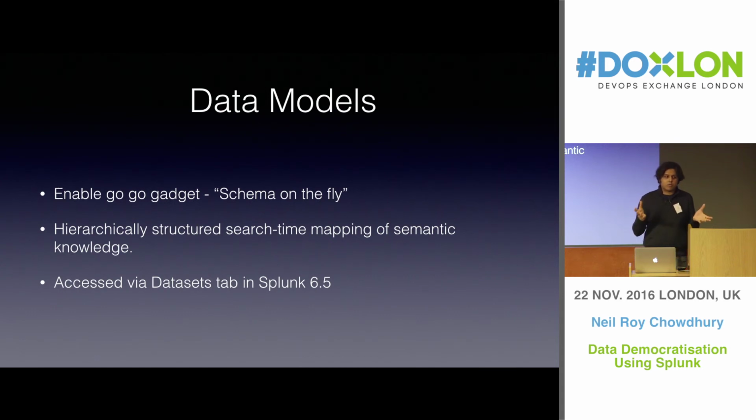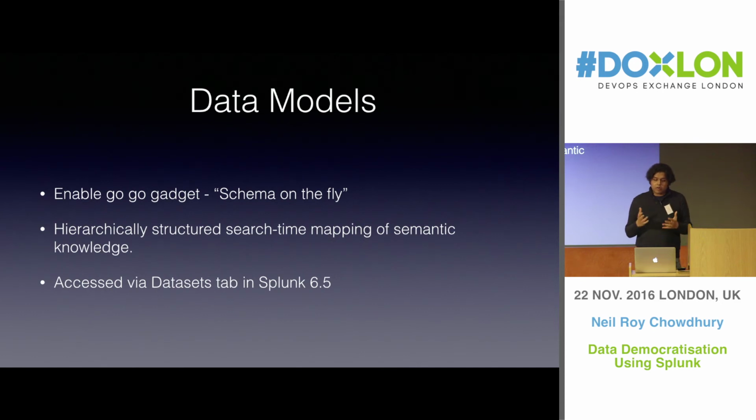We've already noticed how knowledge objects can be committed centrally to the pipeline, but what data models are able to give you is a way of abstracting what those knowledge objects are into meaningful representations as a schema itself. It's basically a hierarchical structured search time mapping of your knowledge, right?